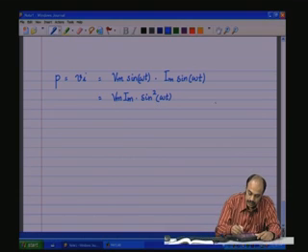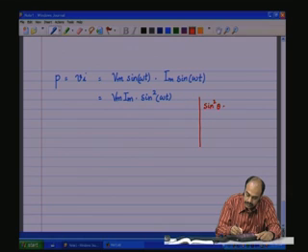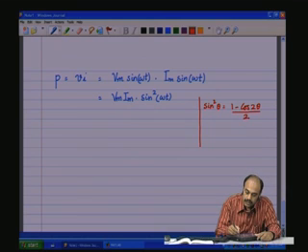Now, we have the trigonometric relation sin square theta is equal to (1 minus cos 2 theta) by 2, or cos 2 theta is equal to 1 minus 2 sin square theta.